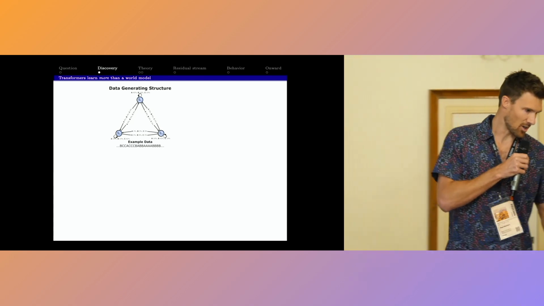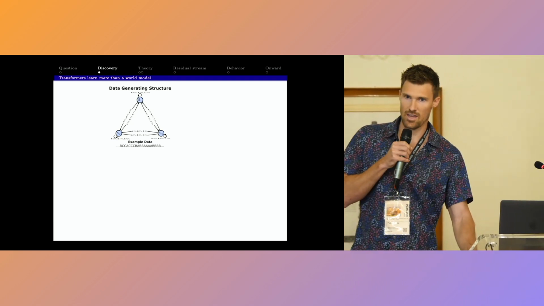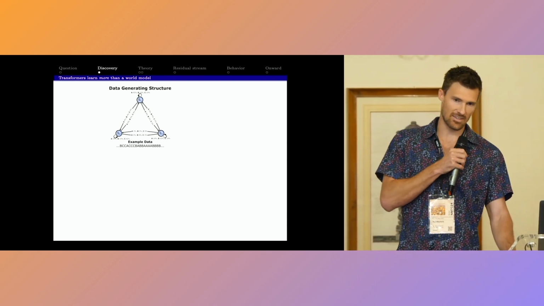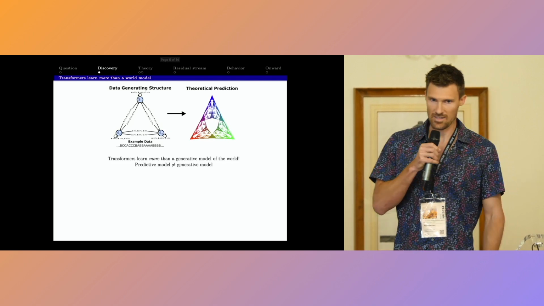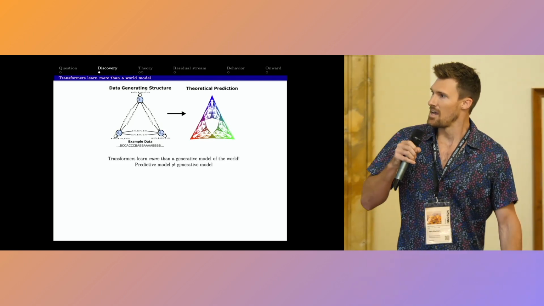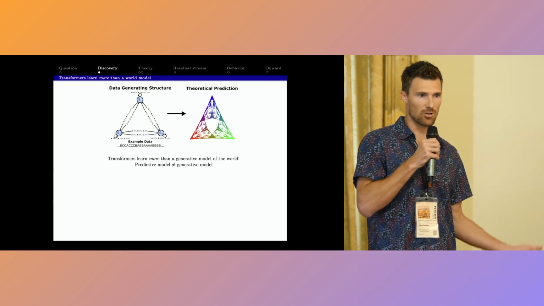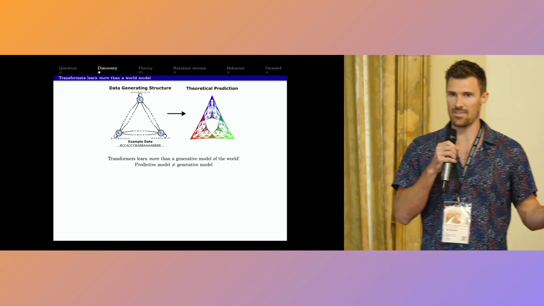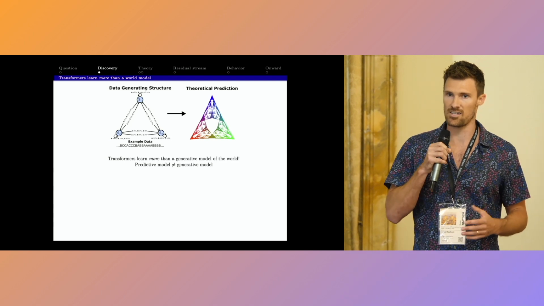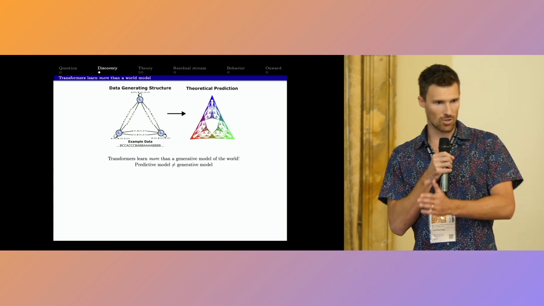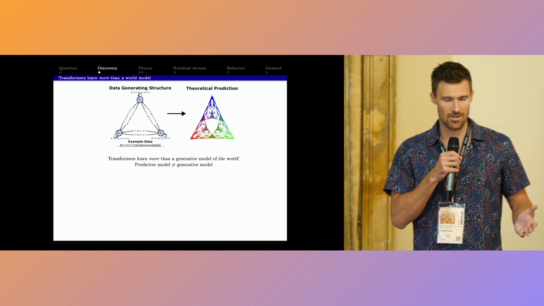Well, not quite. Actually, we work through the theory, and we instead expect that the model should learn something like this kind of crazy fractal. Why? Well, because we're training the model to predict rather than to generate, and that's a drastically different task, and in fact, you need more than a model of the world to be able to do that task well.